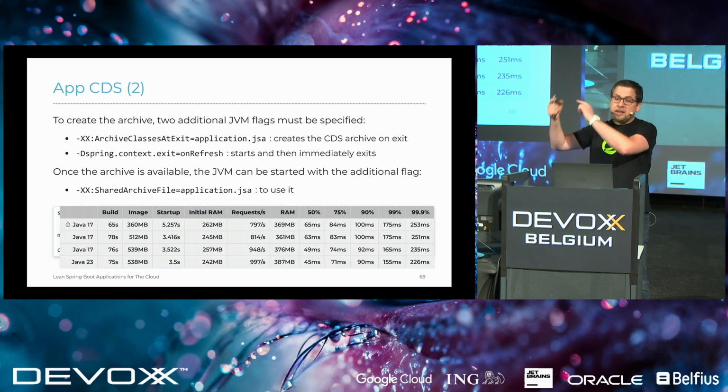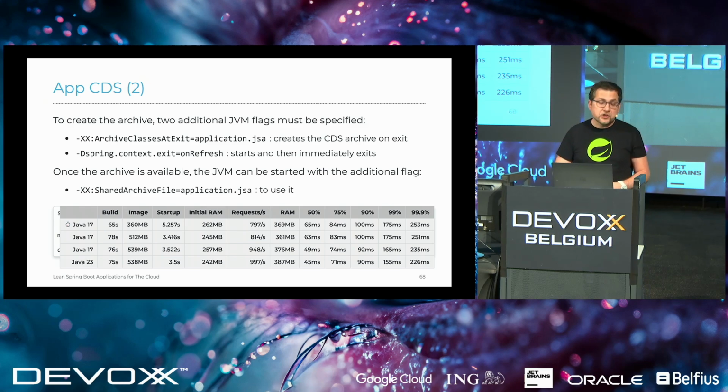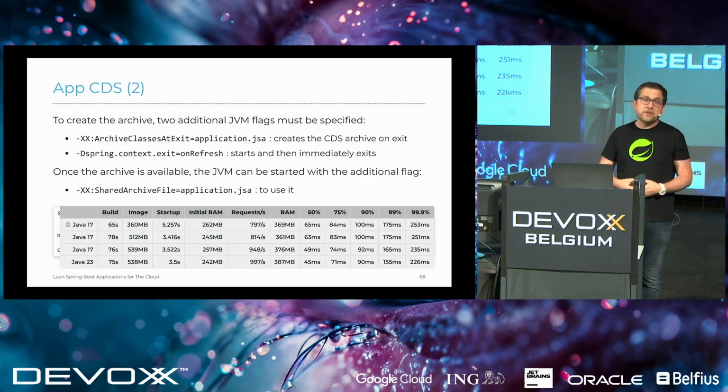And that means the dump is done after this refresh, so we know exactly which classes were used during the startup of the application. Then the files are stored in this application JSA, and the container now contains from the buildpacks an argument which is called shared archive file, which is then provided to the Java startup, and the classes will be loaded from there initially.